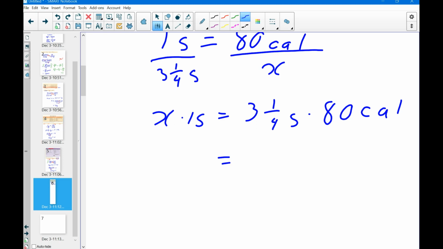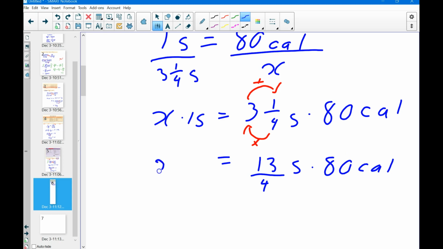Remember how we used to do this way back in the day, a few weeks ago? 4 times 3, and 3 plus 1. 3 4s are 12 and 1 gives us 13 over 4. Remember all that? Multiply by, and that's servings times 80 calories.